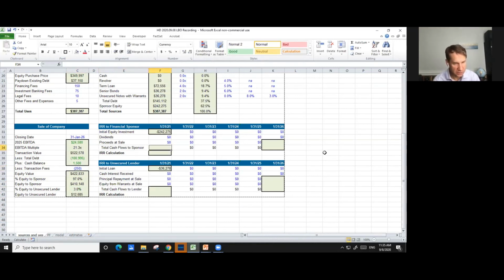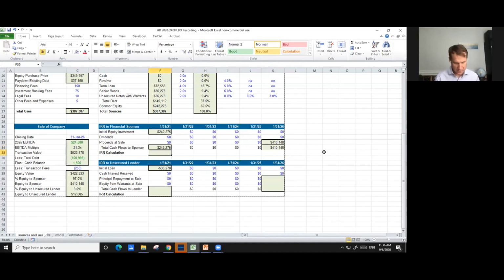So let's now look at total cash flows to the sponsor. Proceeds from sale, that's 410 billion. And then for cash flows, I'll just sum up dividends and initial equity, just for the IRR formula.